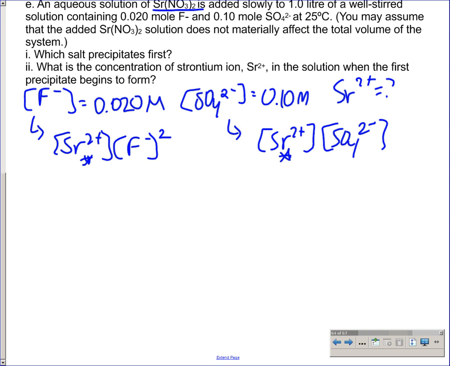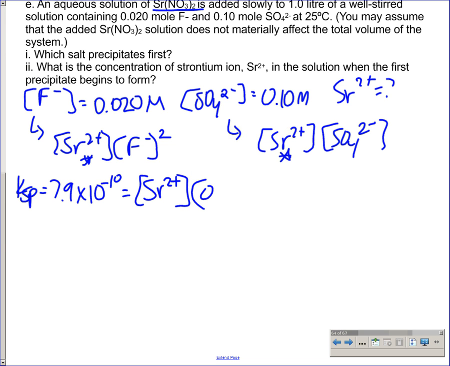Okay, we know the value already here, and we know the value already here. Ksp is equal to, what was it on this one for the fluoride? 7.9 times 10 to the negative 10th is equal to Sr2+, which we don't know, times the fluoride, which we do, 0.02 molar squared. All you're doing is plugging in the information given to you.